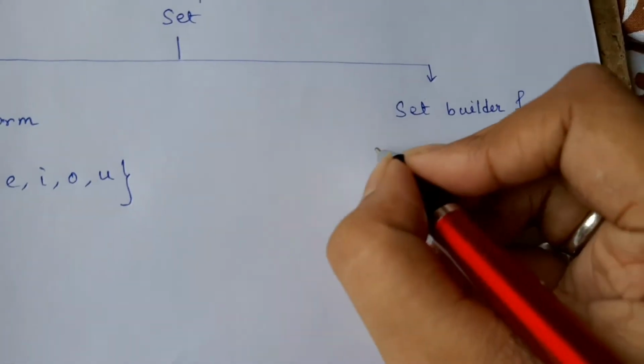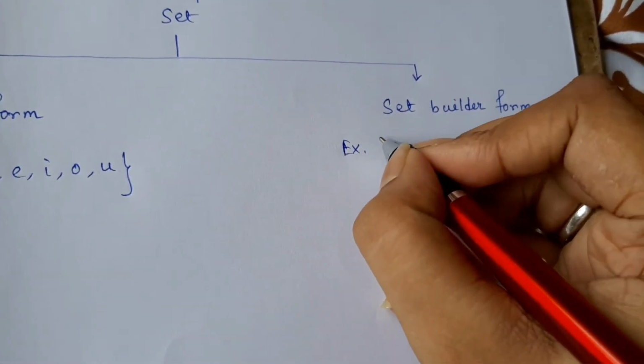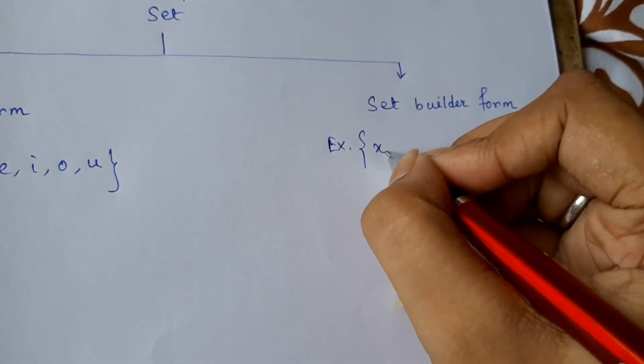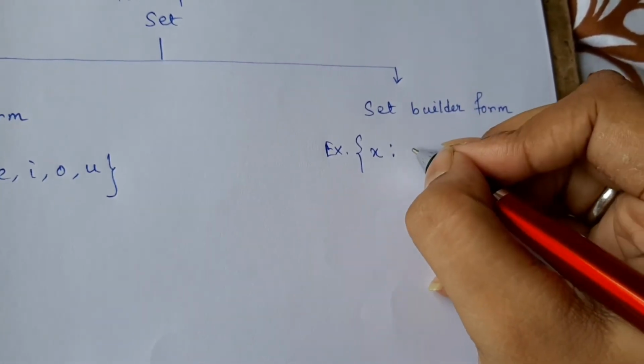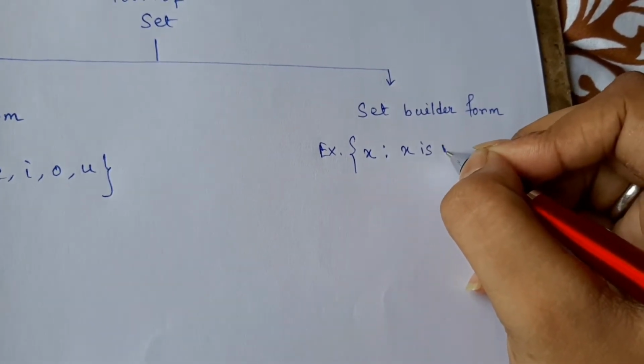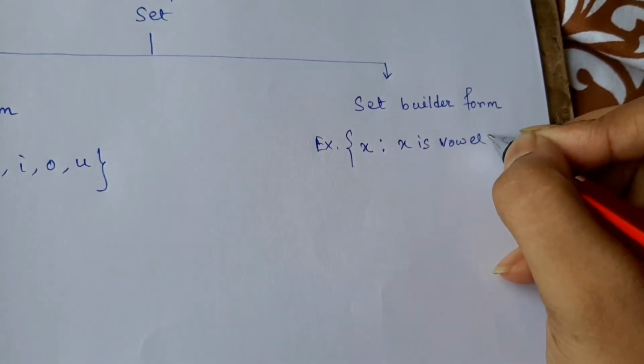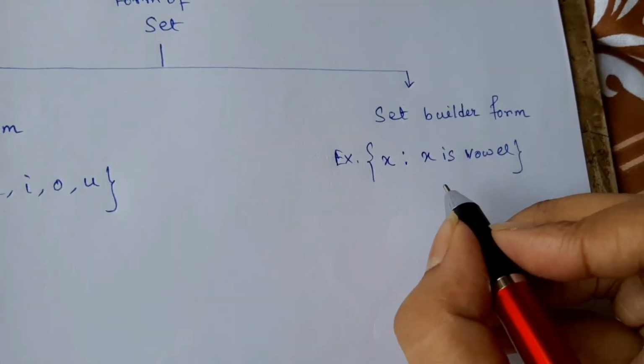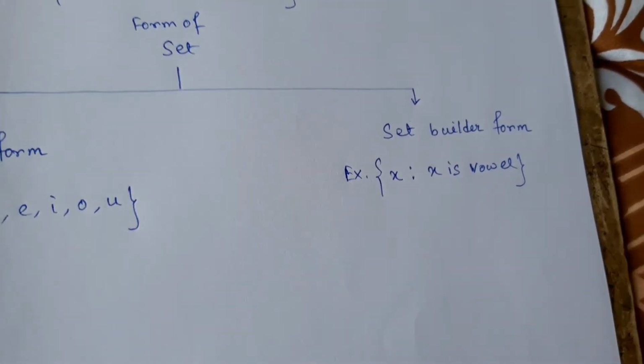And set builder form is {X such that X is a vowel}.